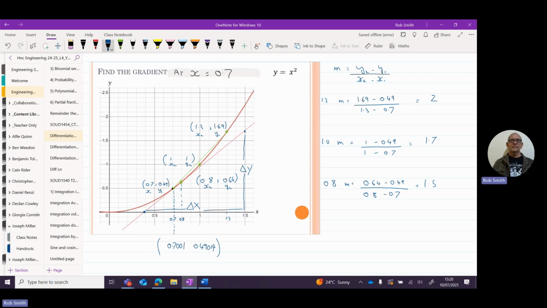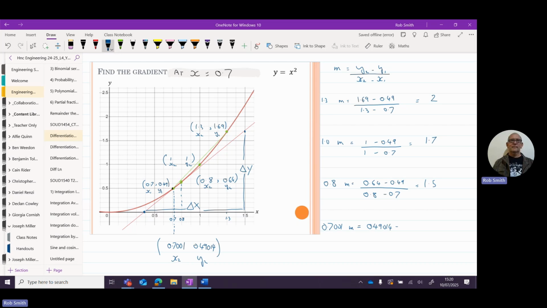And we're going to call this x2 and y2. Now this should be 0.7001. This should be very close to what the actual gradient is. So y2 is going to be 0.49014.